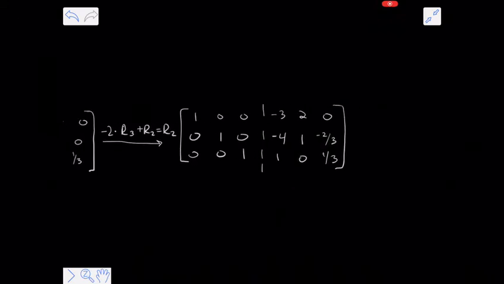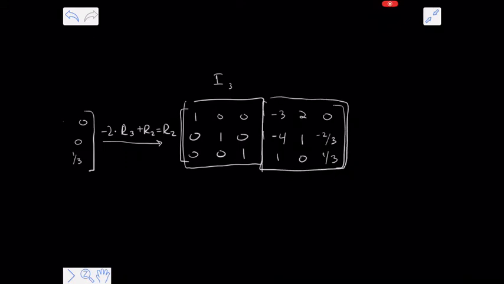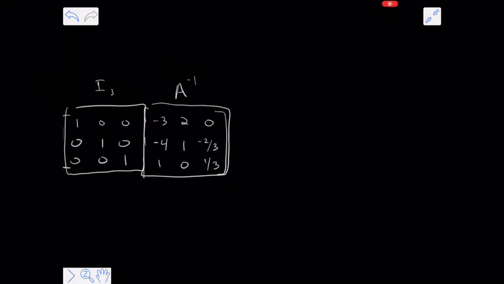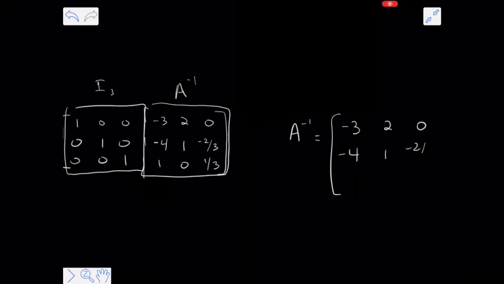Okay, what you can see now is the left side has been transformed into the identity matrix, which means the right side has now become the inverse of what we started with. So the inverse of A is -3, 2, 0, -4, 1, -2/3, 1, 0, 1/3.